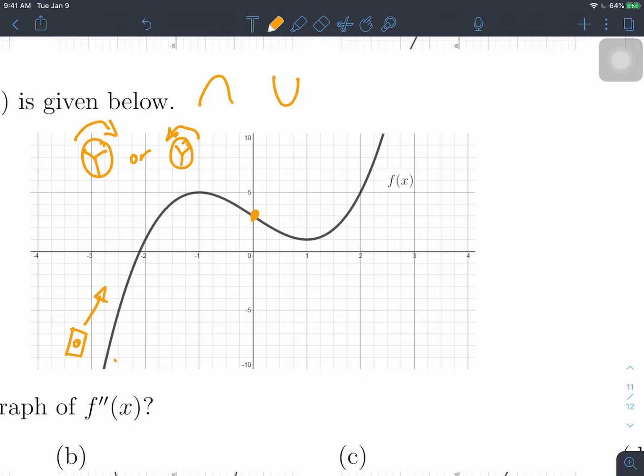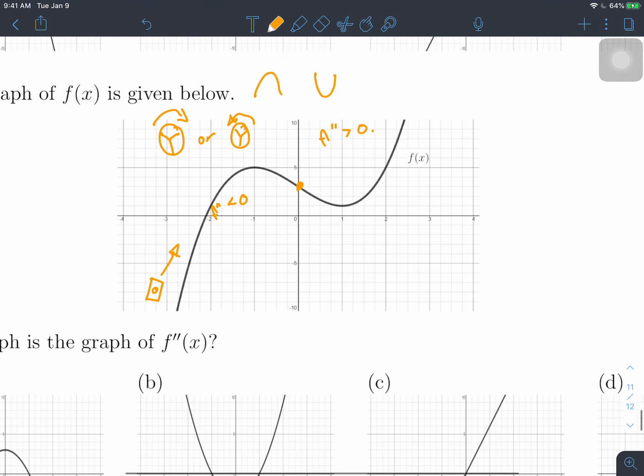And to the left, this whole thing kind of looks like a piece of an N. And to the right, it kind of looks like a piece of a U. Okay, so that's going to be my inflection point where my concavity changes. And to the left, we're concave down, so it should be less than 0. And to the right, we're concave up, so f double prime should be larger than 0.